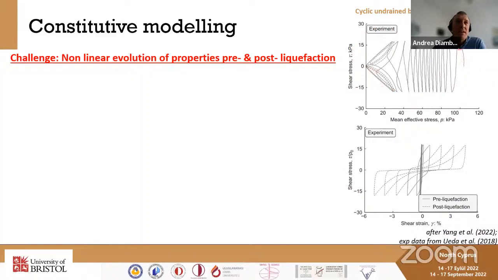So basically, you can see that the pre-liquefaction behavior is very difficult to model. It is like an accordion, where the cycles are first very spaced, then become denser, and then become spaced again, and we have a very stiff behavior.